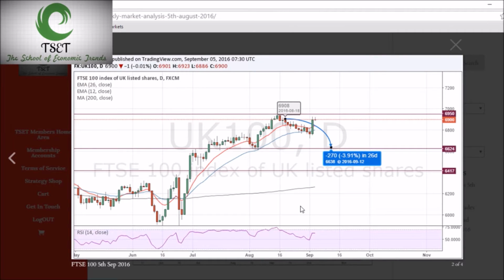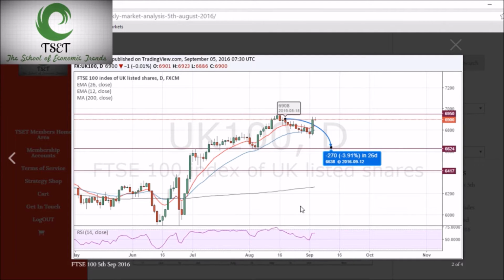The next trade is FTSE. Strangely, after the US non-farm payroll, this market rose massively in one day. Its lowest point was around 6745, and it rose up to 6920.